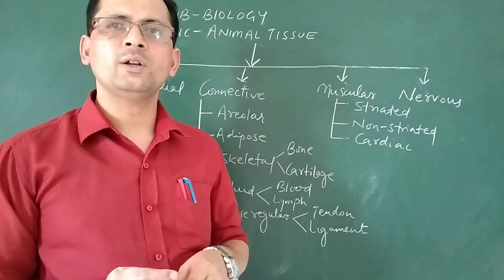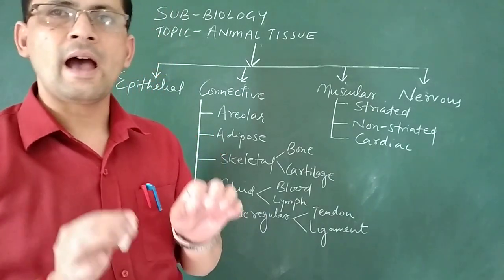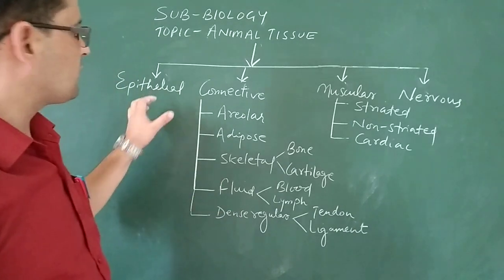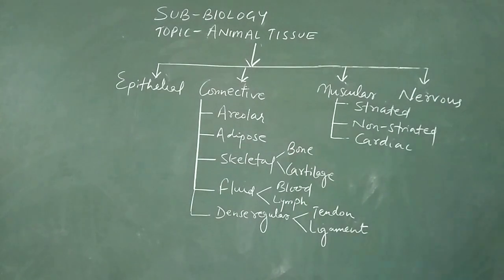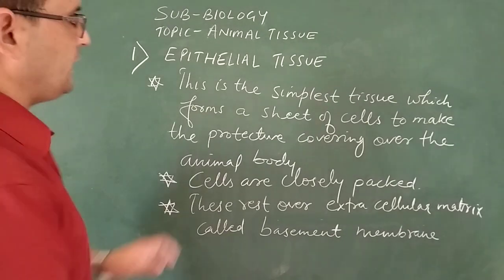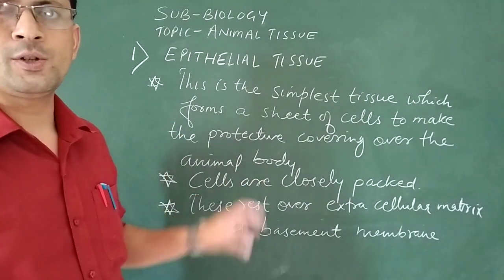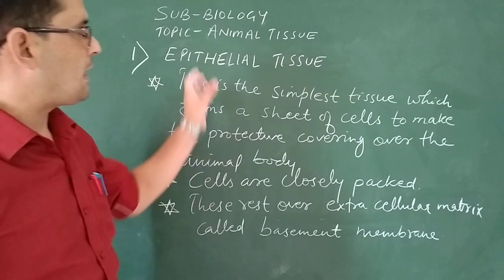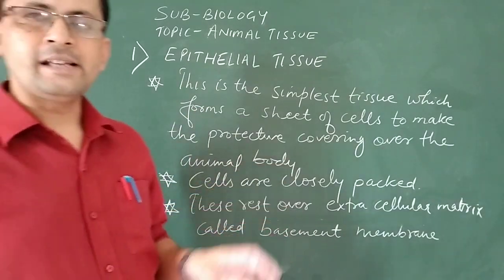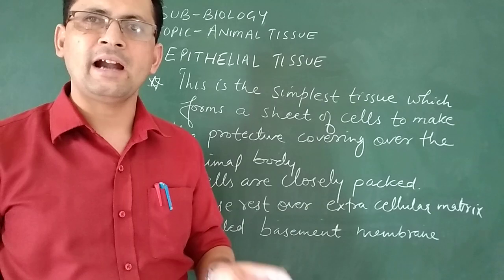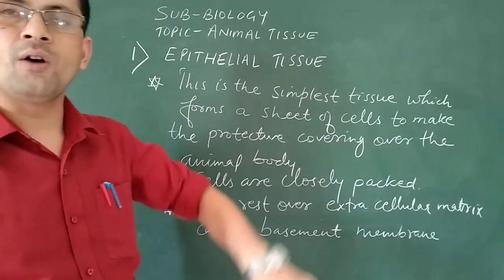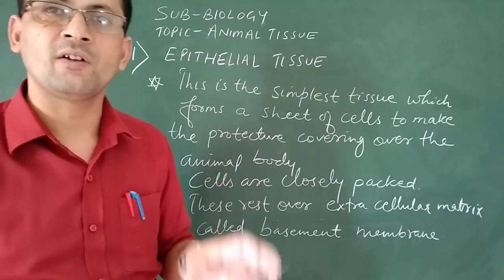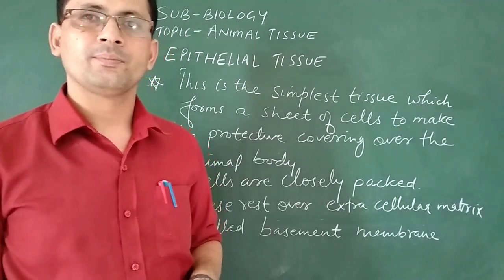Now today we are going to have a discussion on epithelial tissue, which is the first type of tissue in the body of animals. Now see, this epithelial tissue is the simplest and fundamental tissue which forms a sheet of cells to make a protective covering over the body.